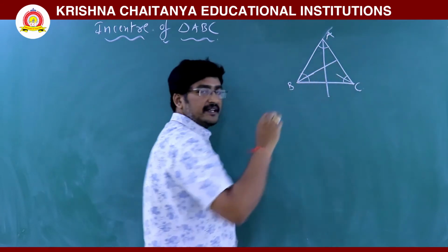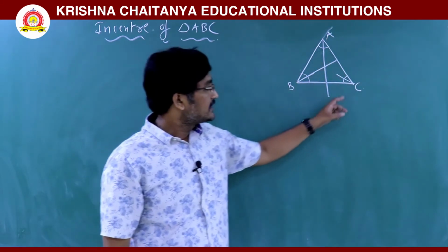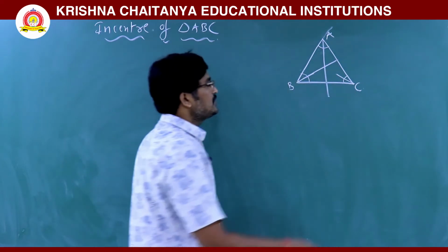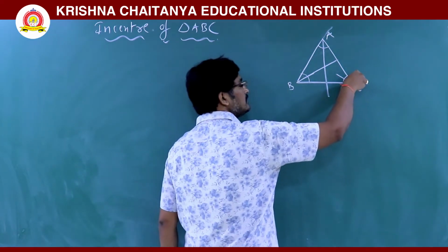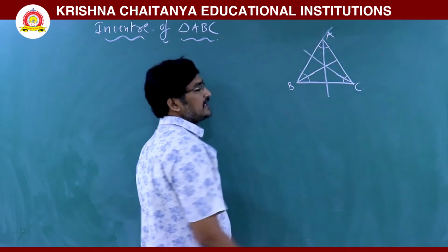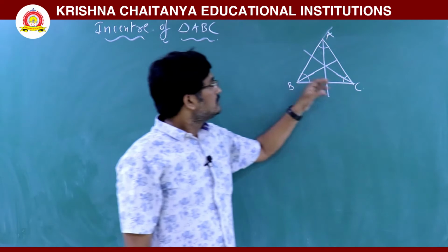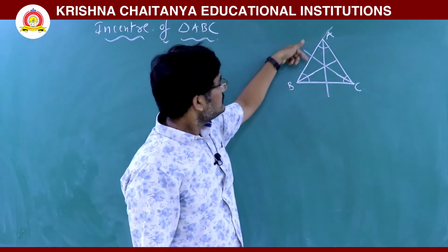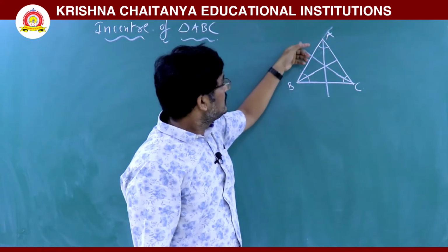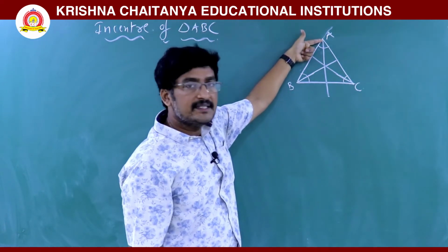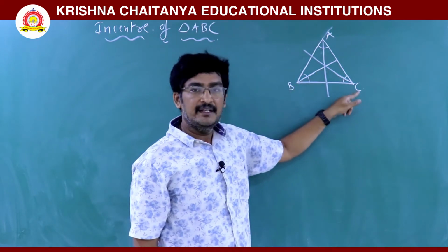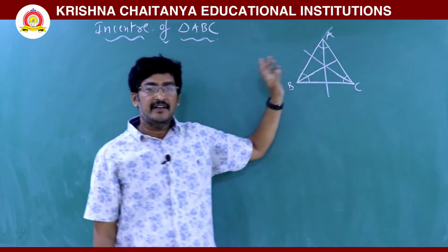This is called the internal angular bisector of angle C in the triangle ABC. Suppose I extend this line, it moves like this and meets the opposite side somewhere. So this is the internal angular bisector of angle A, of angle B, and of angle C.